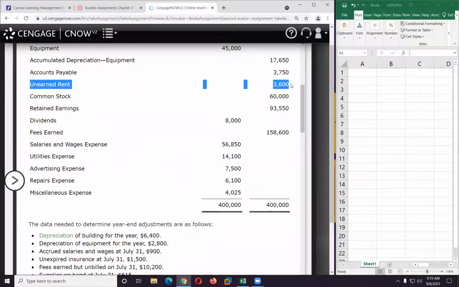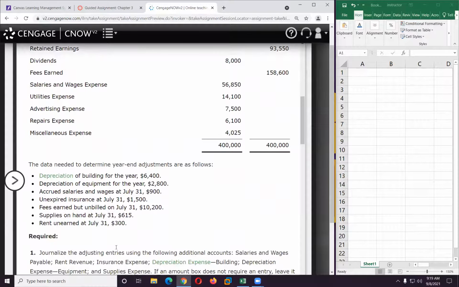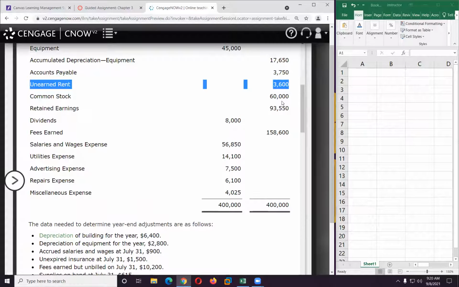That means someone paid me in advance for something they were going to rent from me. The balance of that account is $3,600. That's money I either owe them or rental of whatever I'm renting that I owe them. And this is telling me at the end of the month, the part that's unearned is only $300. So again, I'm going to subtract them. $3,600 minus $300 means I must have earned $3,300 worth of rent during the month.